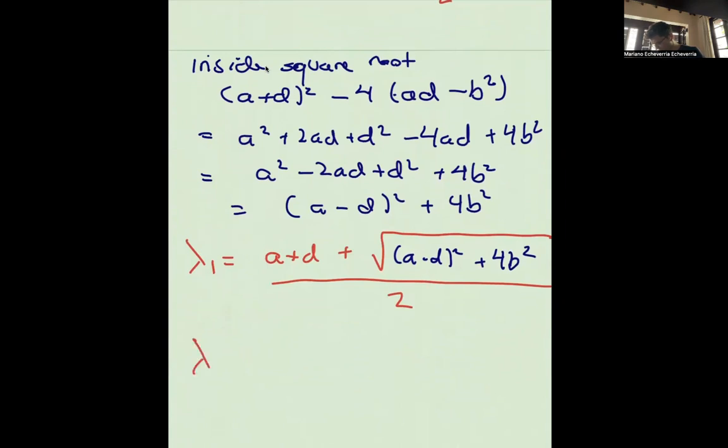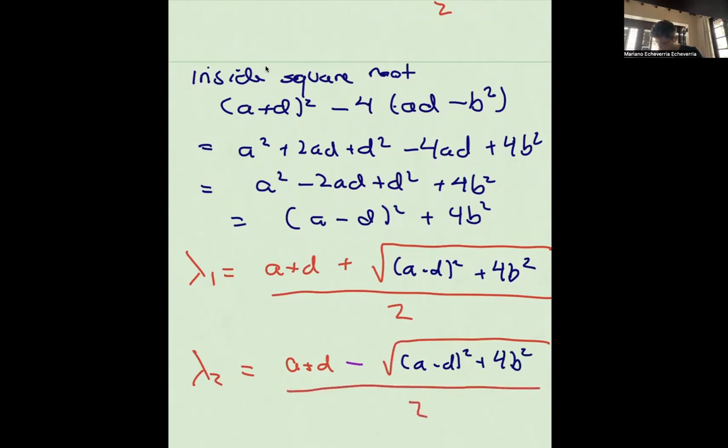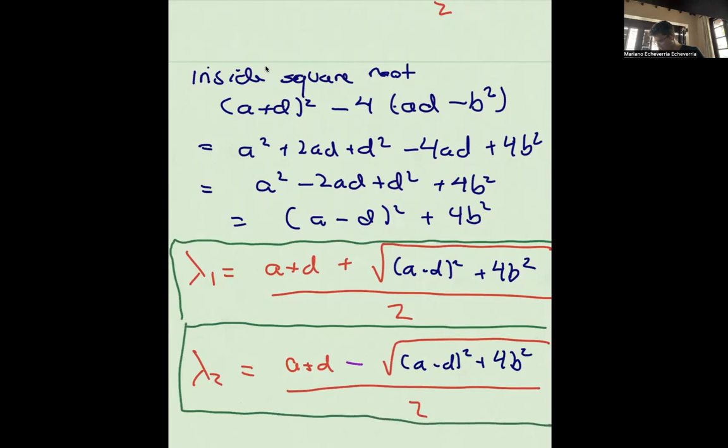And the second eigenvalue is a plus d, and remember, the only difference is that there was a minus sign here. So this is a formula for the first eigenvalue, and this is a formula for the second eigenvalue.